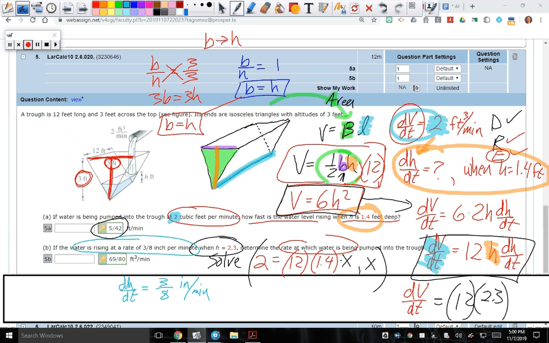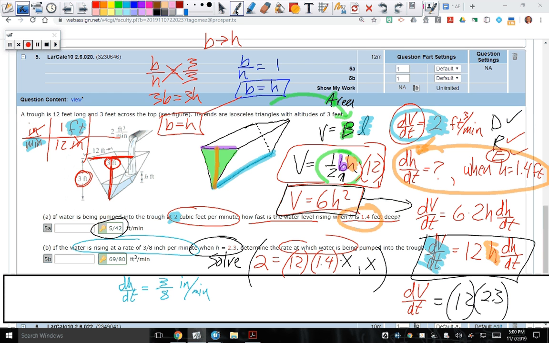But I've been doing feet per minute this whole time. So I need to do a little bit of dimensional analysis, and I need to change inches per minute into feet per minute. So the way that I do that, I do just real quick dimensional analysis. I know 1 foot is 12 inches. Those cancel to a form of 1. And now I have my units of measure written in terms of feet per minute.